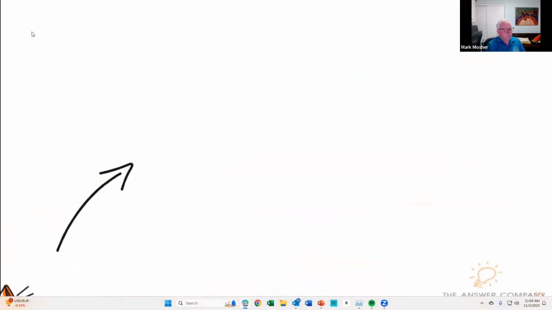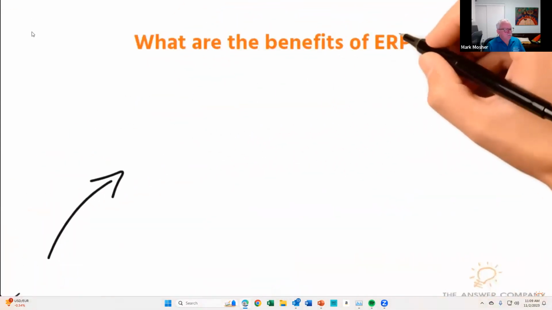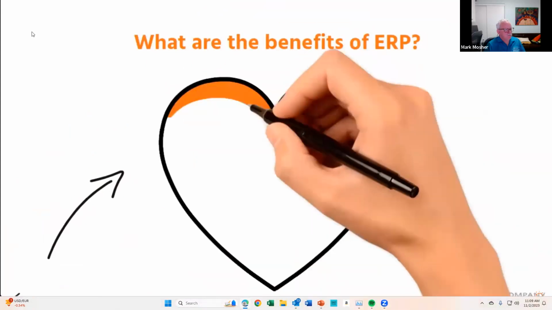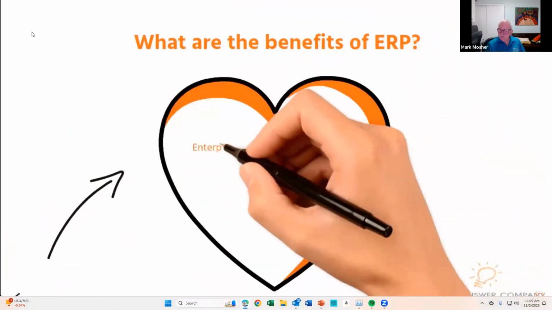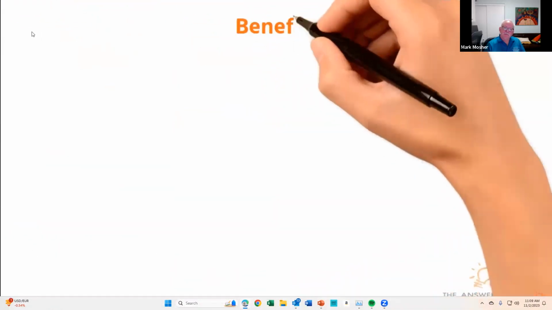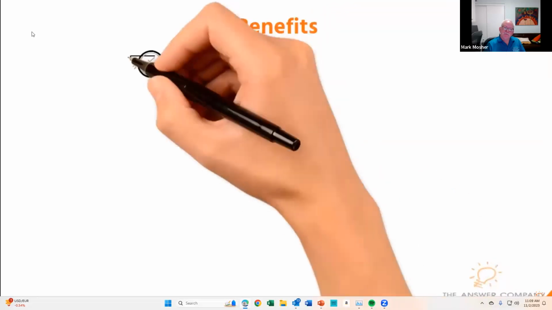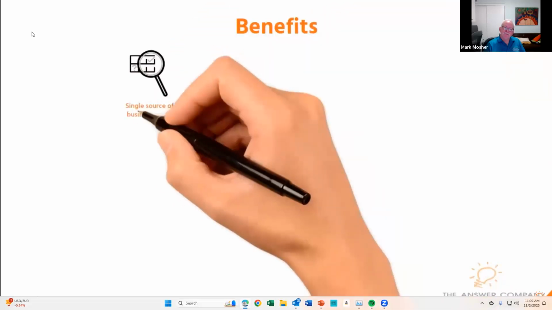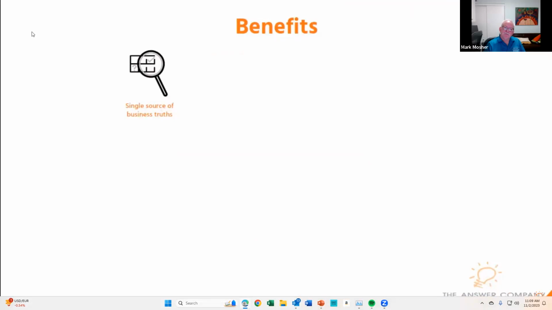Now, what are the benefits of ERP? For companies, an ERP software is at the heart of their business. Take it away and the company would struggle to continue. Here are just a few key ERP software benefits that apply to any company regardless of which or how many elements of the software you might use. First, there's a single source of business truths.